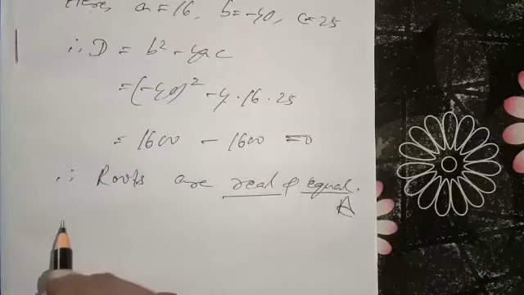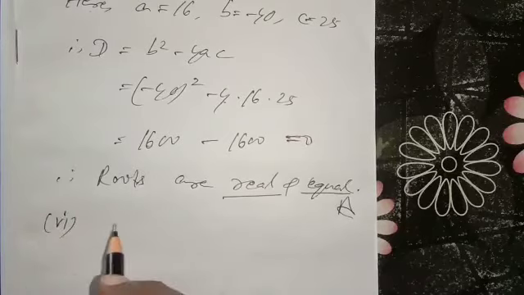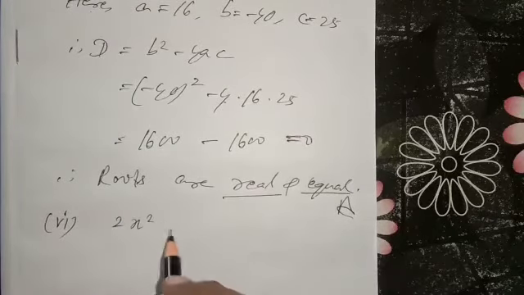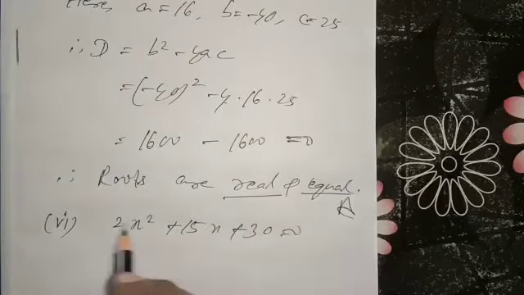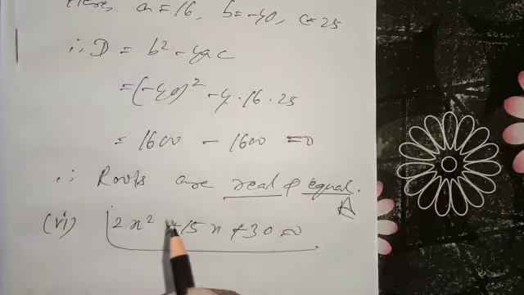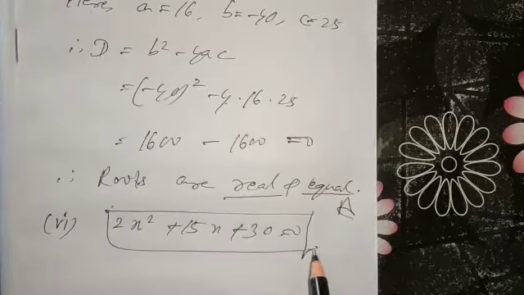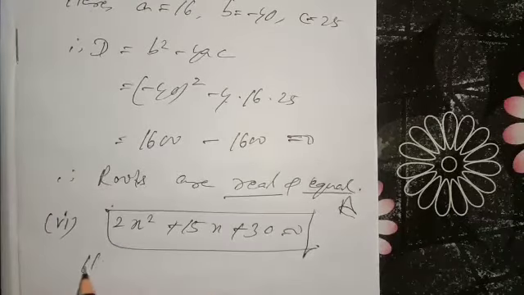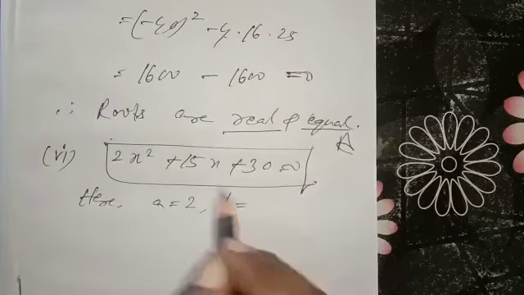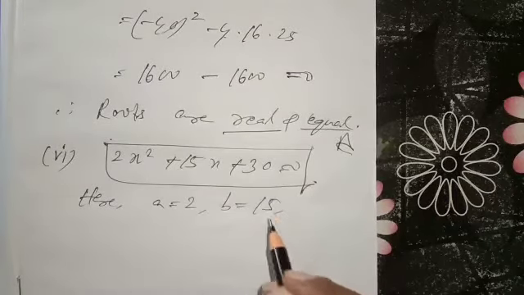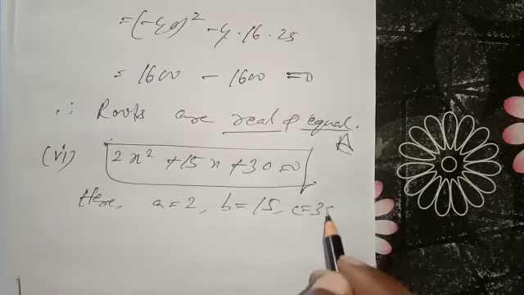Fifth part done. Last part I am doing, that is number 1, sixth part. Question given 2x square plus 15x plus 30 equal to 0. So here A equal to how much? The coefficient of x square, that is 2, B coming how much? The coefficient of x, that is 15, C coming plus 30.